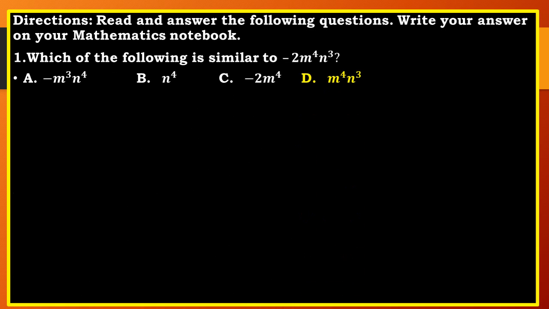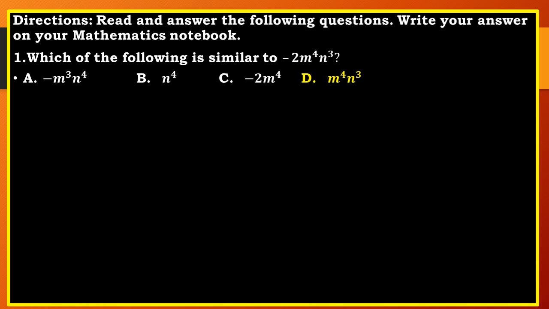Number 1. Which of the following is similar to negative 2m to the 4th n cubed? Again, when we say similar terms, always remember that the variables matter as well as the exponents of the variables.